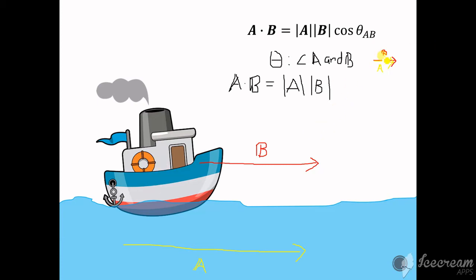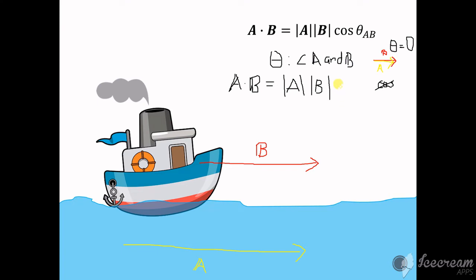Now the angle between these two vectors a and b, theta, will be 0 because they are parallel to each other.